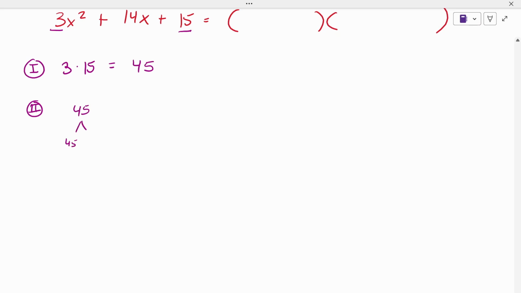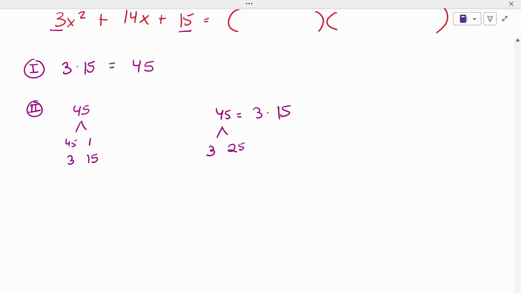Clearly, one of the factor pairs would be 45 and 1. Another will be 3 and 15. But there are also other factors available to you. Note that by prime factorization, we can find the factors. I'm sorry, I'm going a little bit fast.